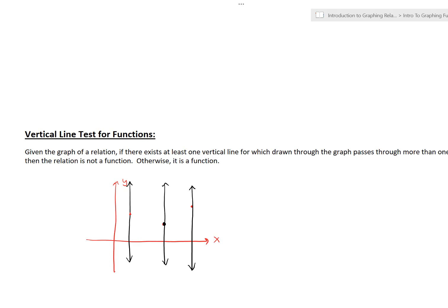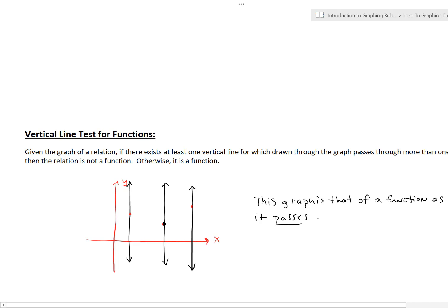We would say that this graph is that of a function as it passes the vertical line test. So it's a nice graphical way of figuring out whether your relation is a function or not.